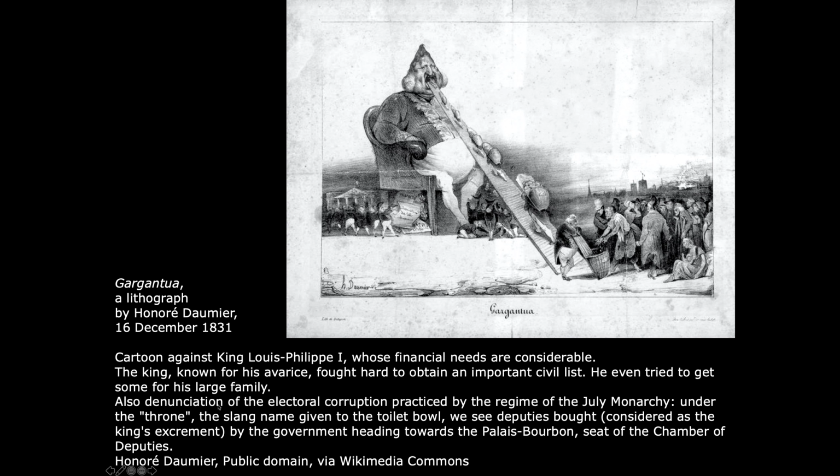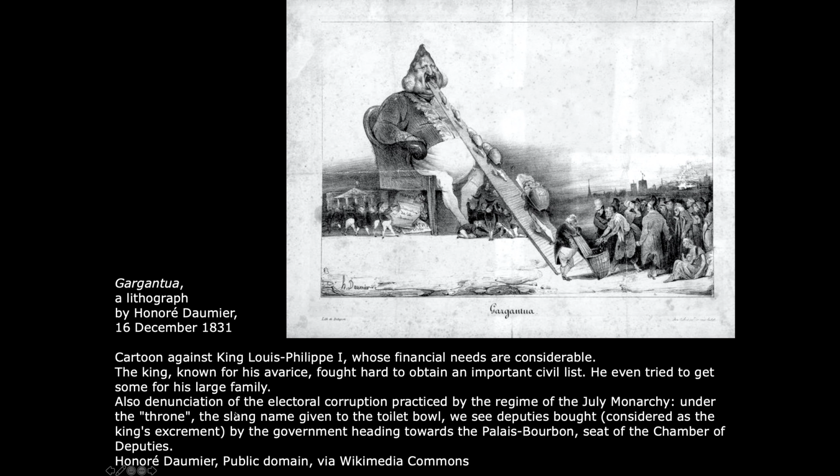And so it says a cartoon against King Louis Philippe I, whose financial needs are considerable, and obviously even this is satirical. The king, known for his avarice, his greed, fought hard to obtain an important civil list. He even tried to get some for his large family, so these are all his admirers. After denunciation of the electoral corruption practiced by the regime of the July monarch, in other words, Louis Philippe took over from another monarchy by saying, oh, I'm going to be a much better king.